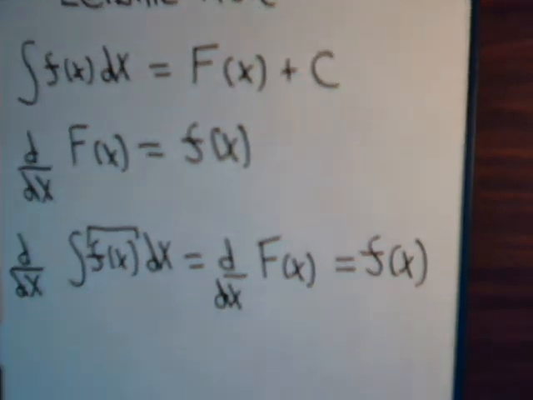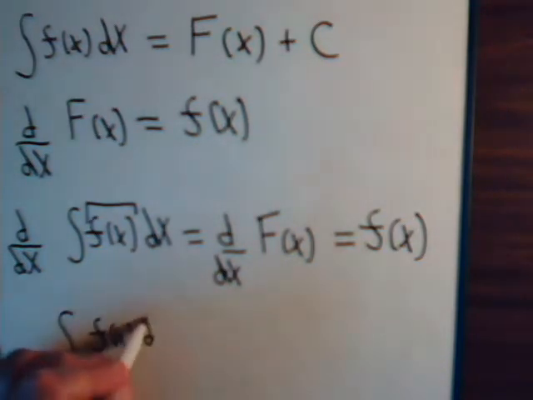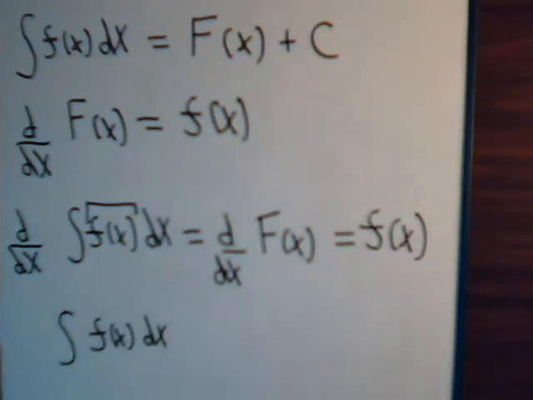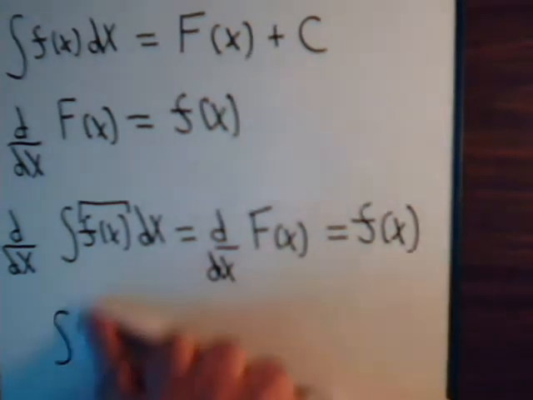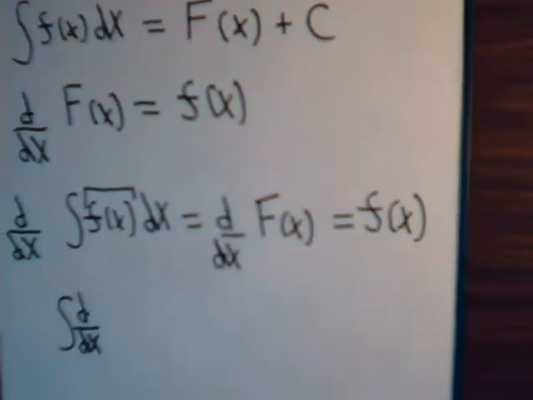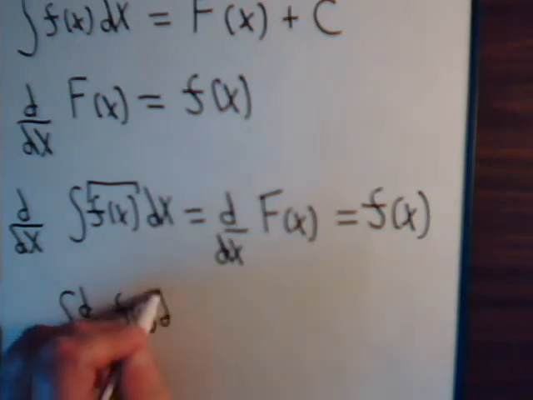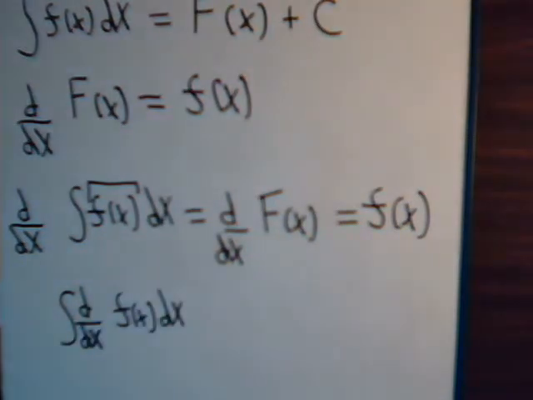Now suppose that we have an integral of f of x dx and we take the differentiation not outside of the integral, but we move it inside of it. So first we'll make more room. So we have d dx of f of x dx.